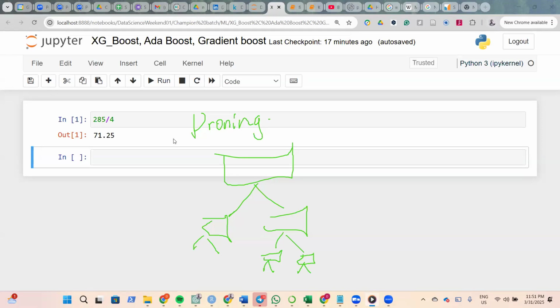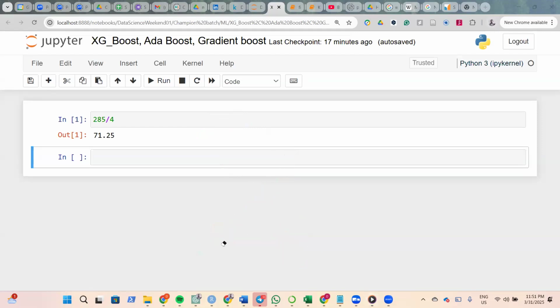It uses an if-else system. It says if gamma is less than gain, then split.